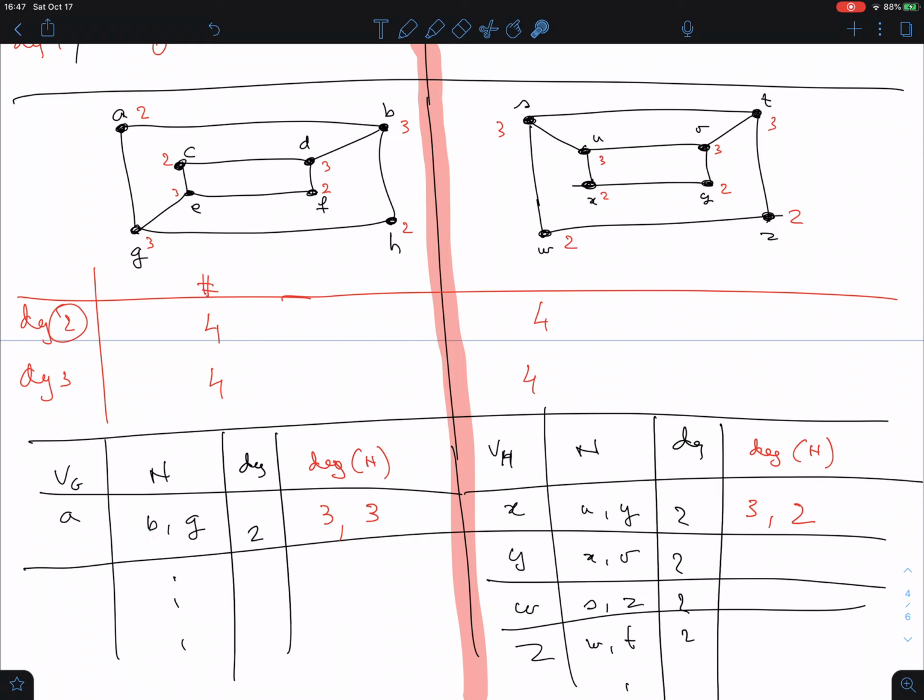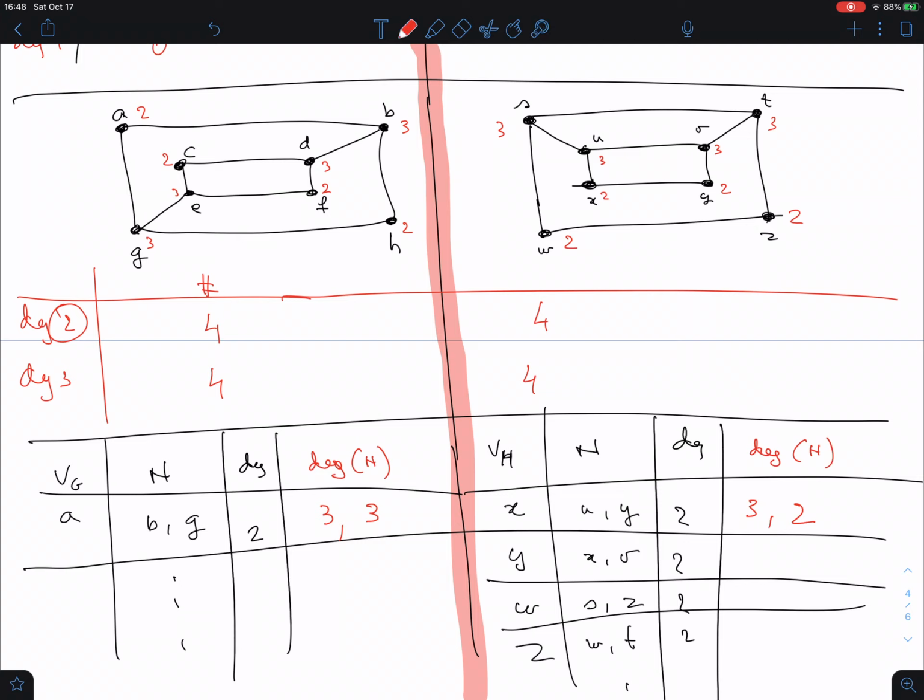But how do we know? We don't know. But this has to match. 3 can go to 3, but then this one says, hey, I need something of degree 3 and you don't give me anything anymore. So we know that A cannot go to X, because these two things are different. Okay, so we have to look further in the list and find where it would match.